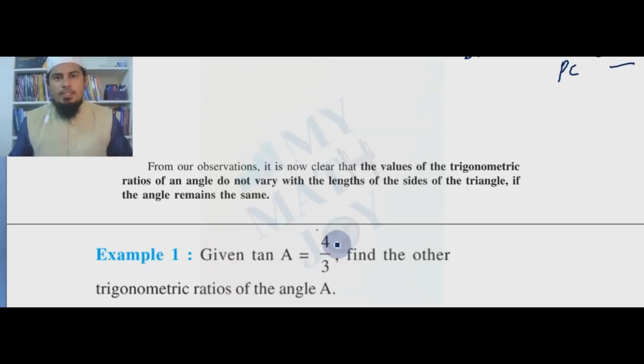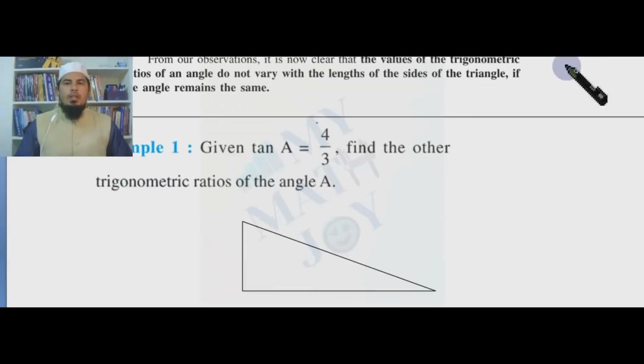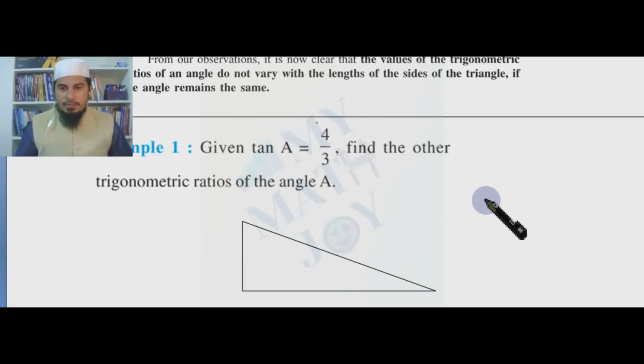The number 1 type of question is one where one trigonometric ratio is given and we are asked to find all the other trigonometric ratios.